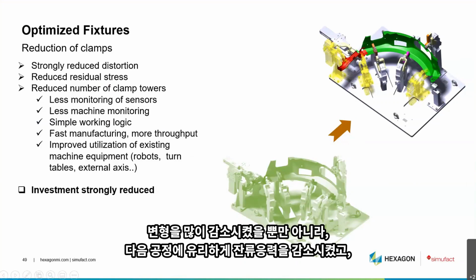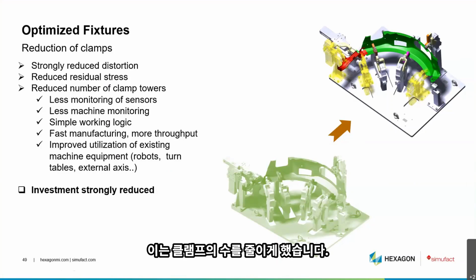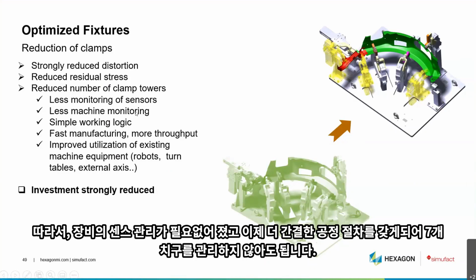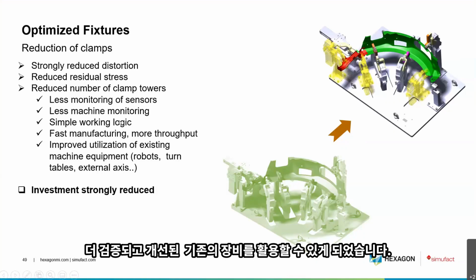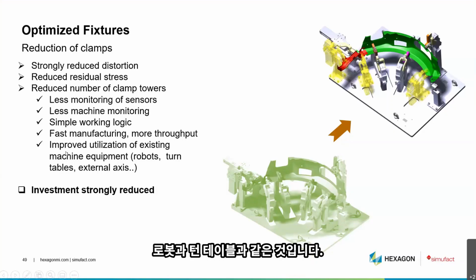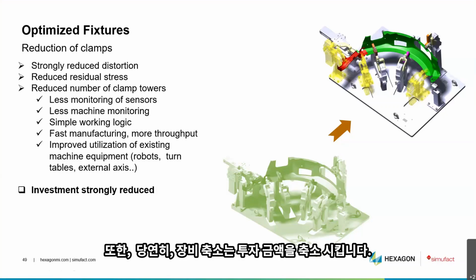This can be very beneficial for subsequent process steps, but also a reduced number of clamp towers leads to less monitoring of sensors and machines, to a simpler working logic, since now not 7 fixtures have to be handled, but only 4. This can lead to faster manufacturing, more throughput, and improved utilization of existing machine equipment like robots, turntables, external axes. And of course, it's clear that such a strong reduction of equipment strongly reduces the investment.